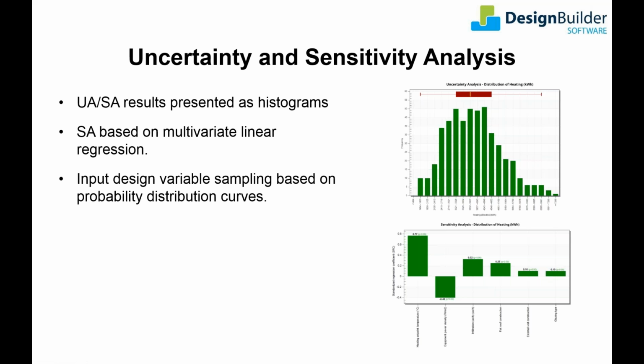Regression parameters and standardized coefficients are calculated for every output variable. And input design variable sampling is based on probability distribution curves. More than 20 discrete and continuous distributions are available for selection and customization.